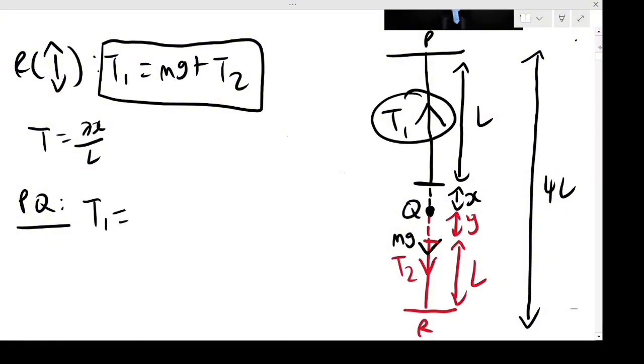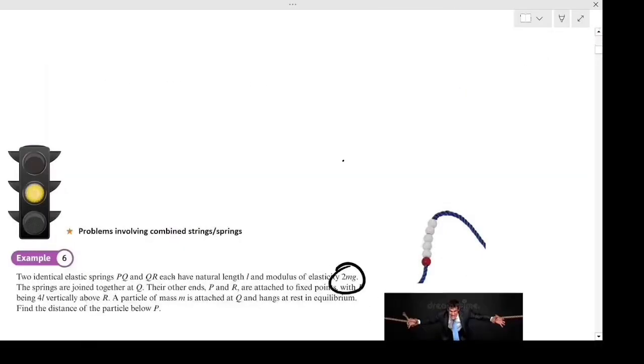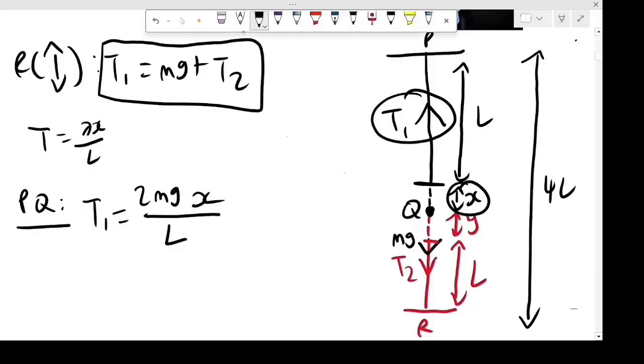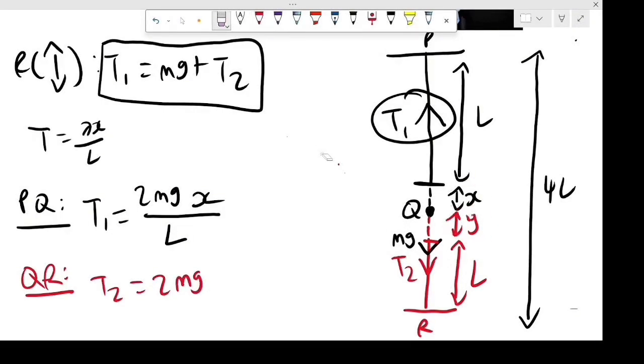That's going to equal lambda x over L. Well, lambda is 2mg, my modulus of elasticity, times the extension of the black string, which is x, over the natural length L. I can then do the same for the red string from Q to R. For that, the tension is T2, and again that's going to equal lambda x over L, with 2mg times the extension, which is y, over L.